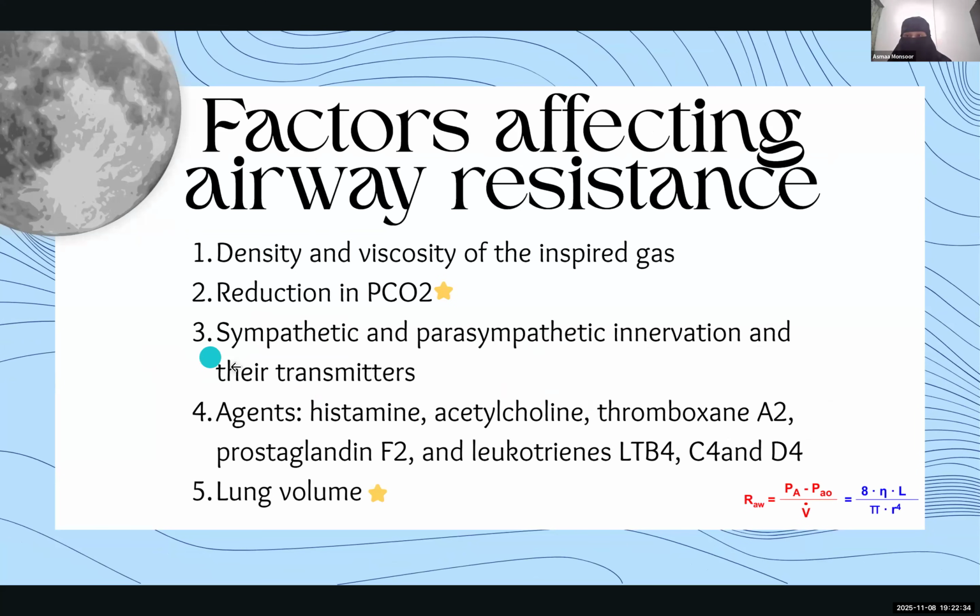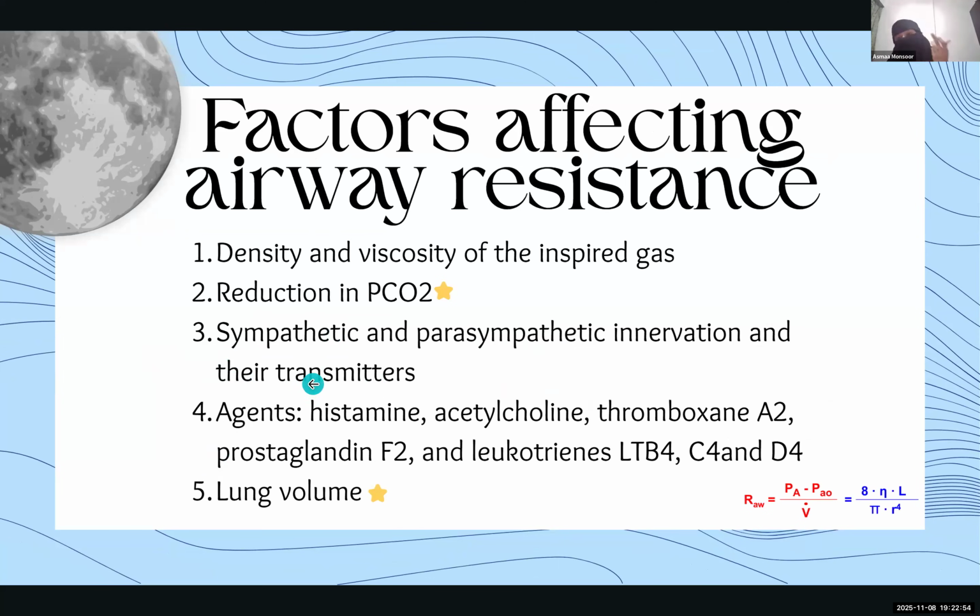So for radius, how do we change radius in the human body? There are two main methods. First is the sympathetic and the parasympathetic innervation. So the nerves coming from the brain come to the bronchi, and they act on the smooth muscles of the bronchi itself, all right.